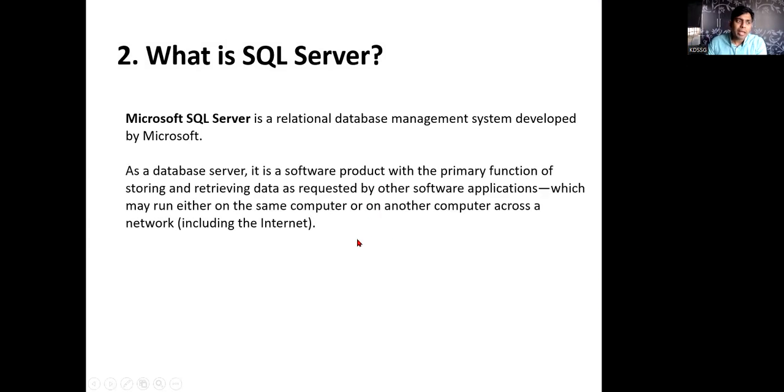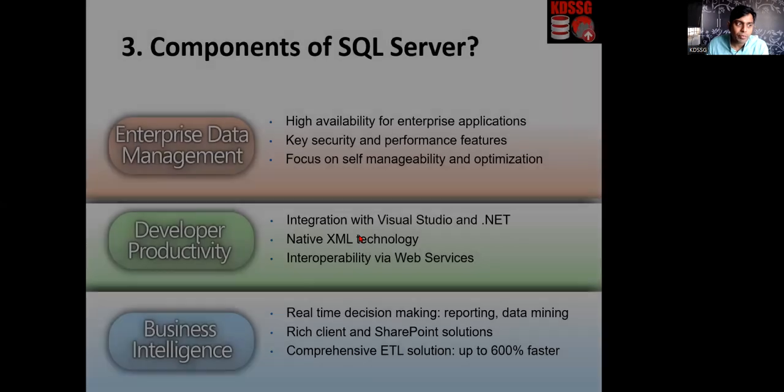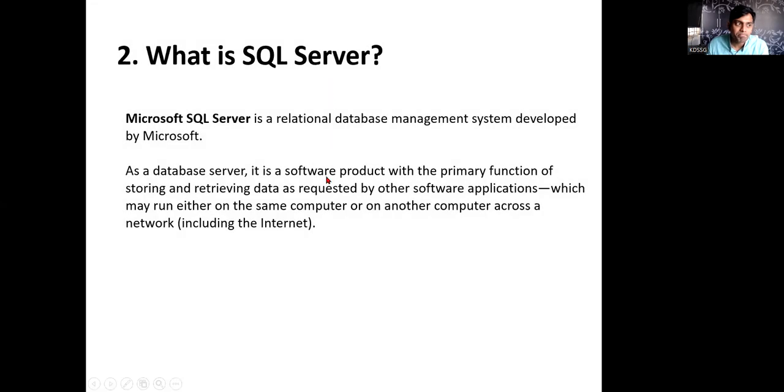A simple definition of database software: it's software where you can store data and retrieve data, meaning read, delete, update, and modify data. You can use the software to make changes to the database. Its main responsibility is to store data.